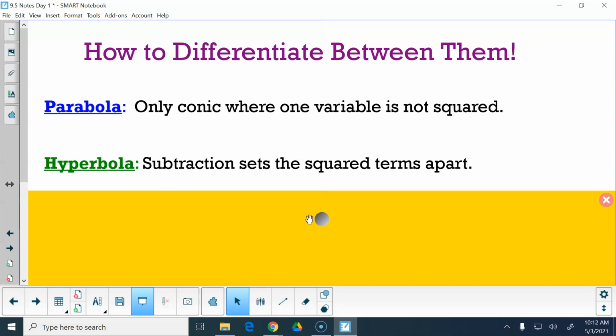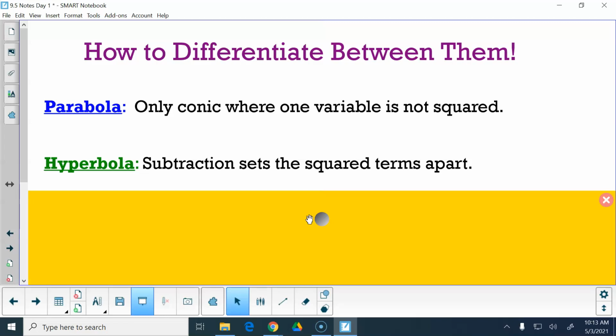So if it's x squared minus y squared, or 9y squared minus 4x squared, that's a hyperbola. If the subtraction sign is in front of one of the squared variables, it's a hyperbola. That's the other easy tell. Parabola, only one squared term. Hyperbola, subtracting a squared term.